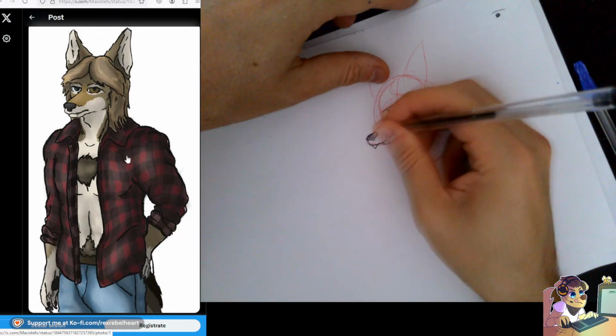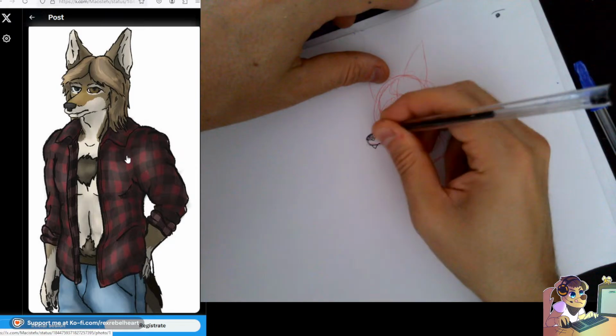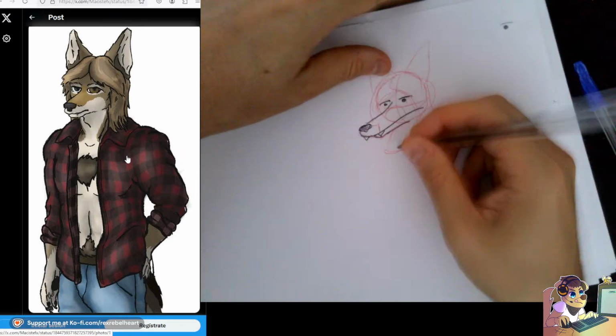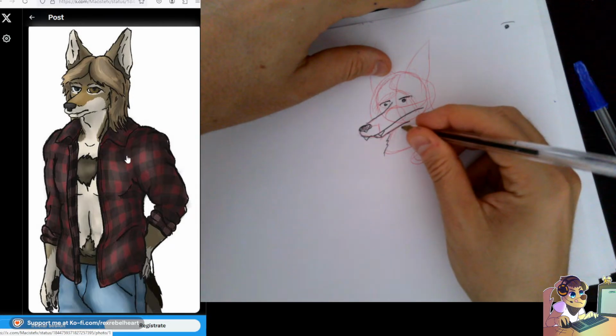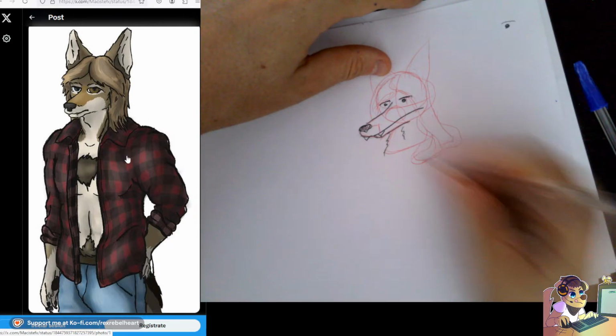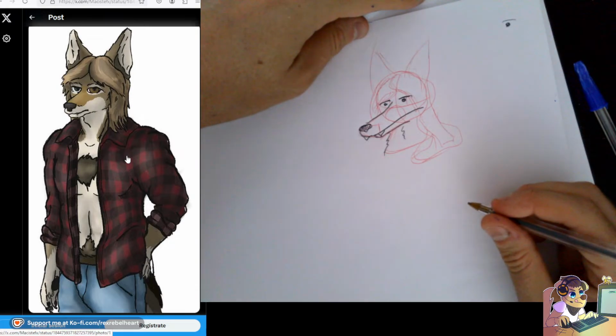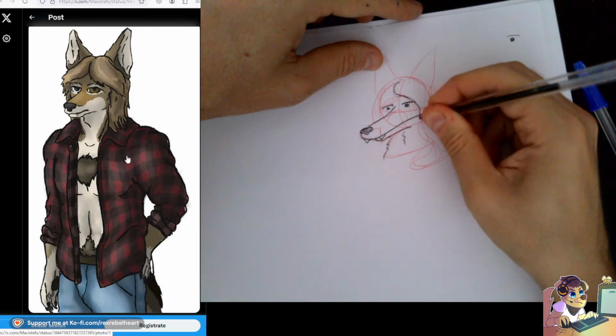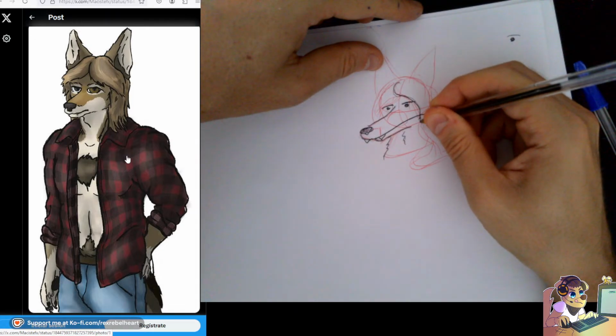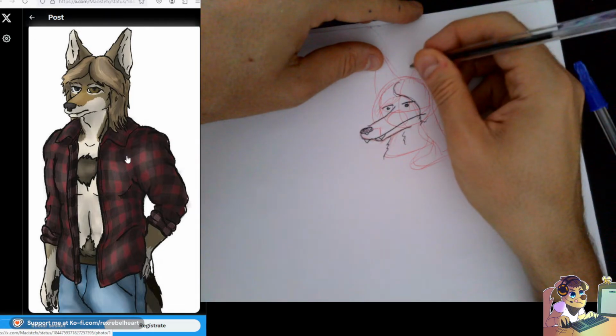Something like that. And then kind of round that in over there. Cool. Something like that. And then we can bring in this hair a little bit.